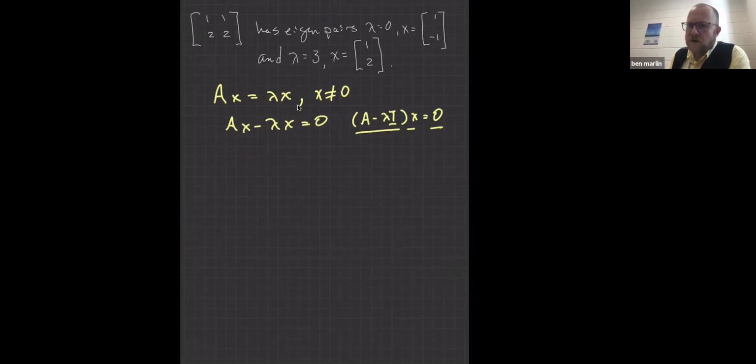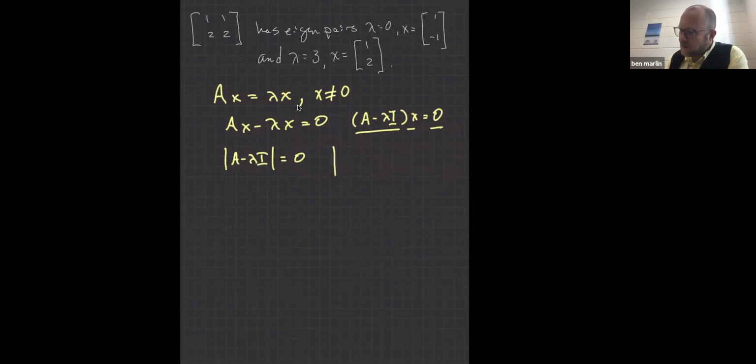Because if it were invertible, then you would multiply the inverse on both sides and get that your x vector has to be equal to 0, the 0 vector. So if we know that A minus lambda I is not invertible, that means its determinant has got to be 0. Okay, that was one of our theorems from the previous section.